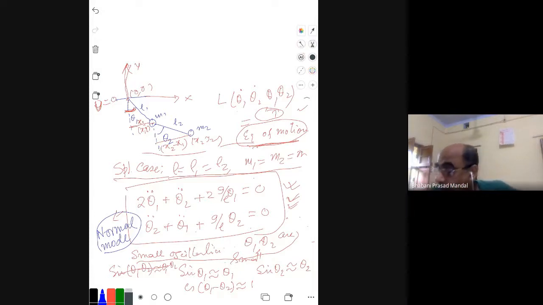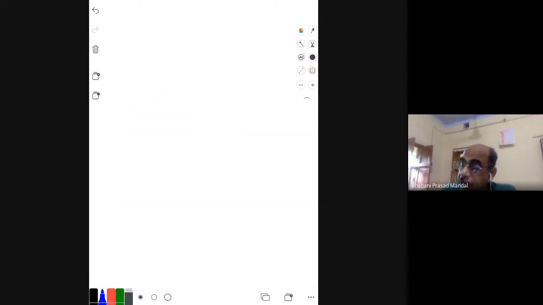Okay, so this is all about the double pendulum. Now you can have many other types of pendulum, so let us discuss that. Maybe I'll erase. Now, many different pendulums you can have, and find the Lagrangian.